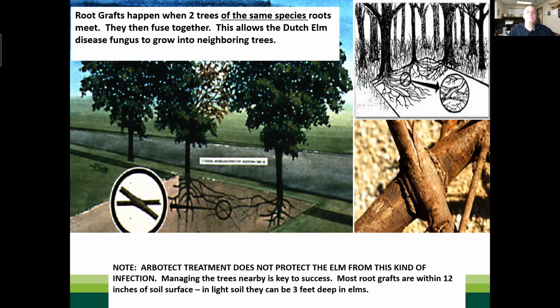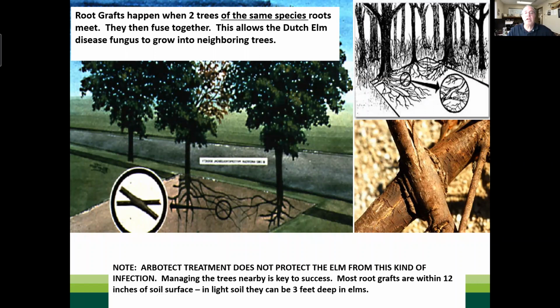But what happens is the fungus will grow down the tree and into the roots and up the next tree and kill it very quickly. So you have to take root grafts into account and manage root grafts if you have trees that you're working with, especially if one's got the disease.